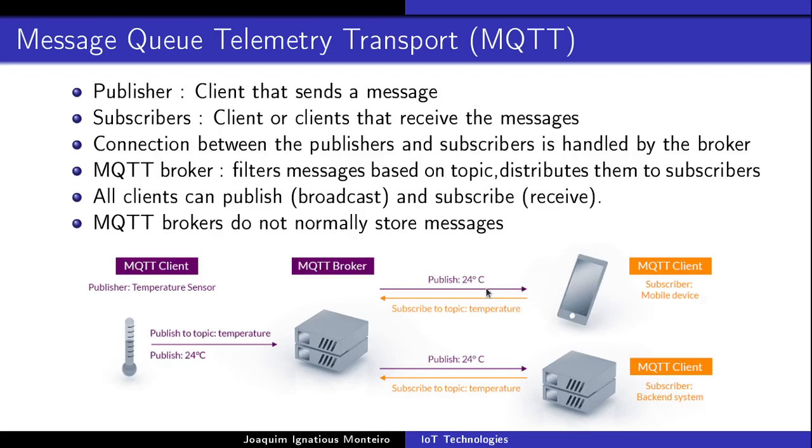If anyone subscribes to this topic, they'll get a message. Say a topic published as temperature has received a new update, which is that the temperature is 24 degrees centigrade. So the clients will subscribe to these topics. Some clients will just publish topics. This is one model.